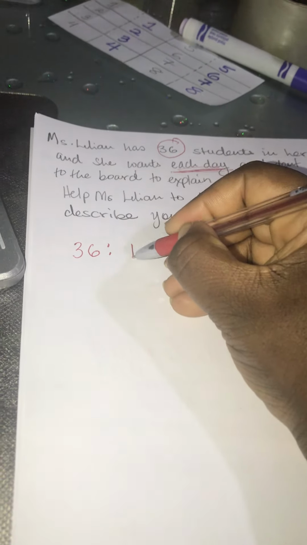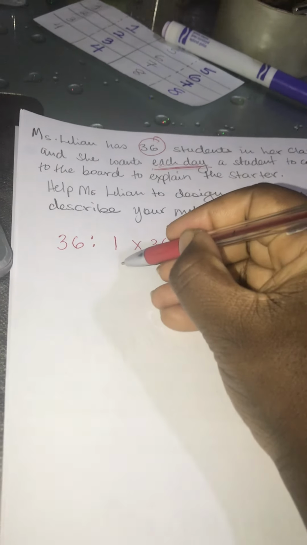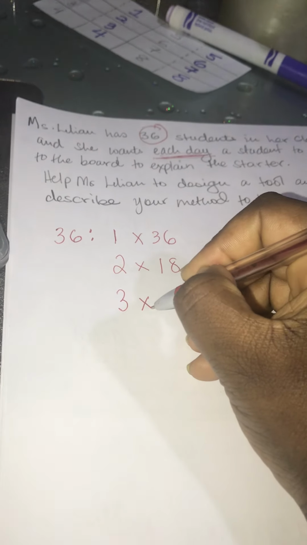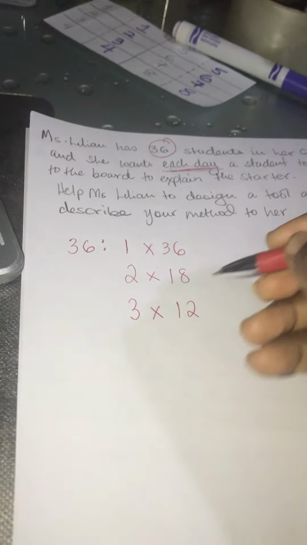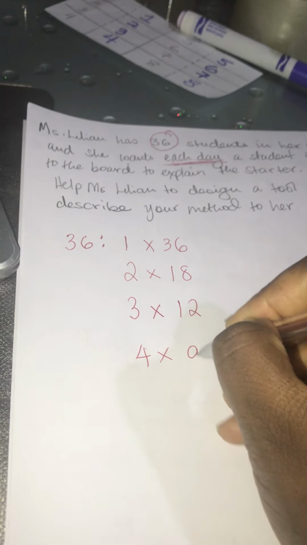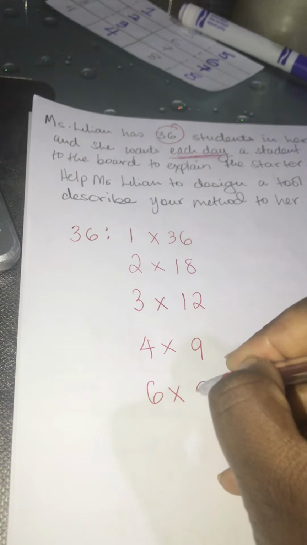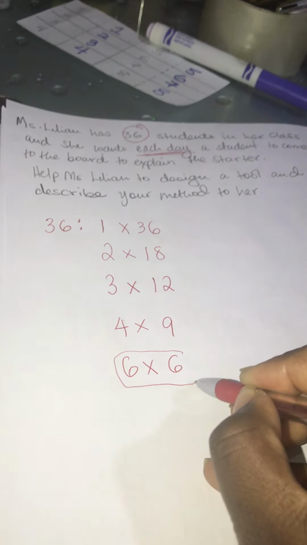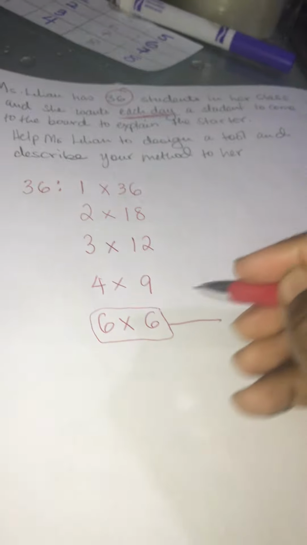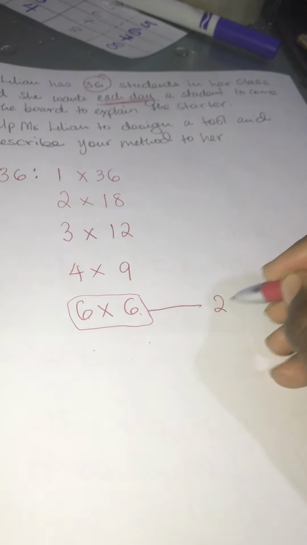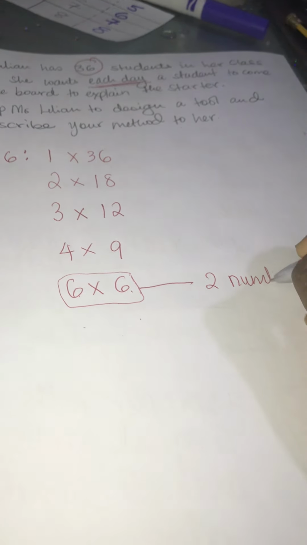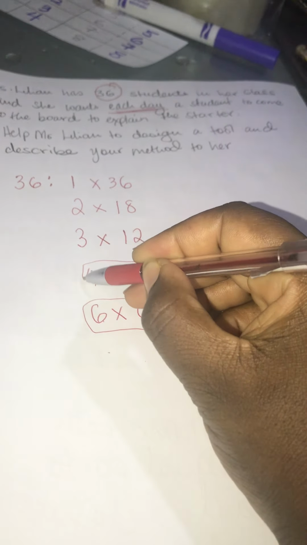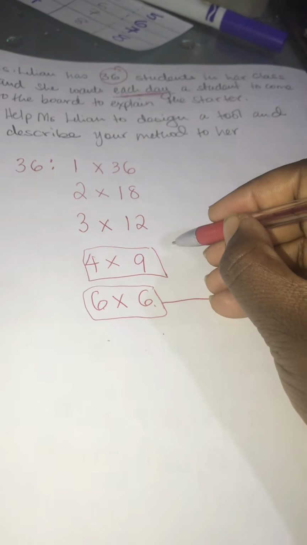Factors of 36: 1 and 36, 2 and 18, 3 and 12, 4 and 9, 6 and 6. Okay? Here, I can use 2 cubes because I have a 6 and a 6. I will use 2 number cubes. I can use that. Or I can do here 2 spinners.